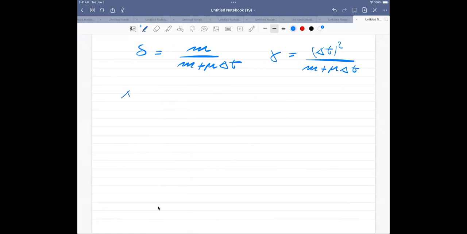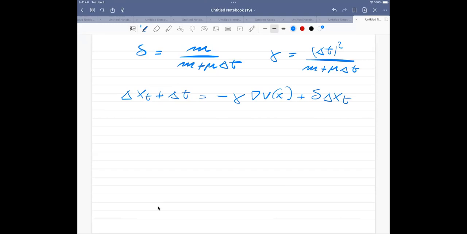And that means that I can set up this delta x of t plus delta t. And I have this parameter, which is minus gamma of delta v of x plus this delta of delta x of t.